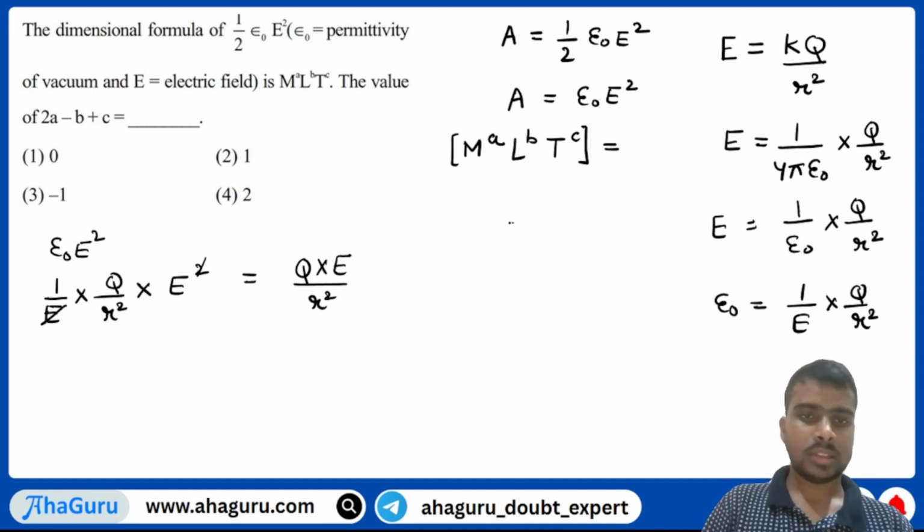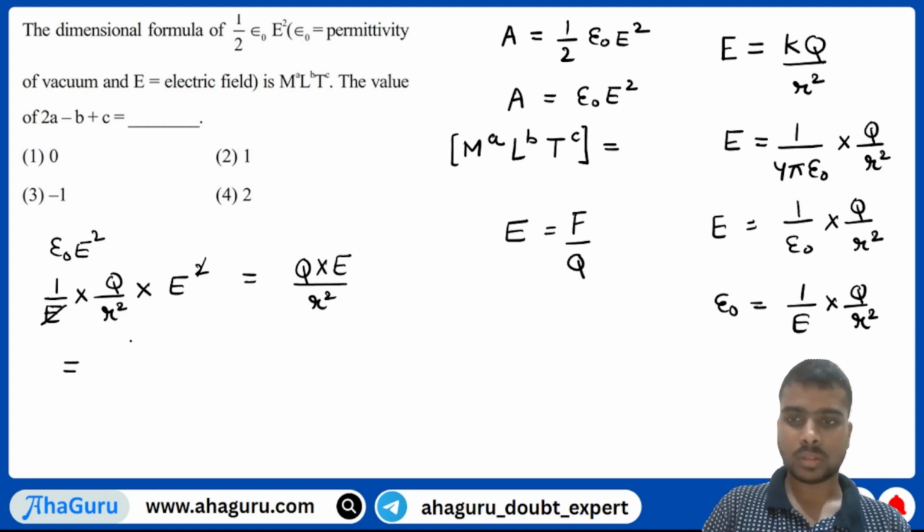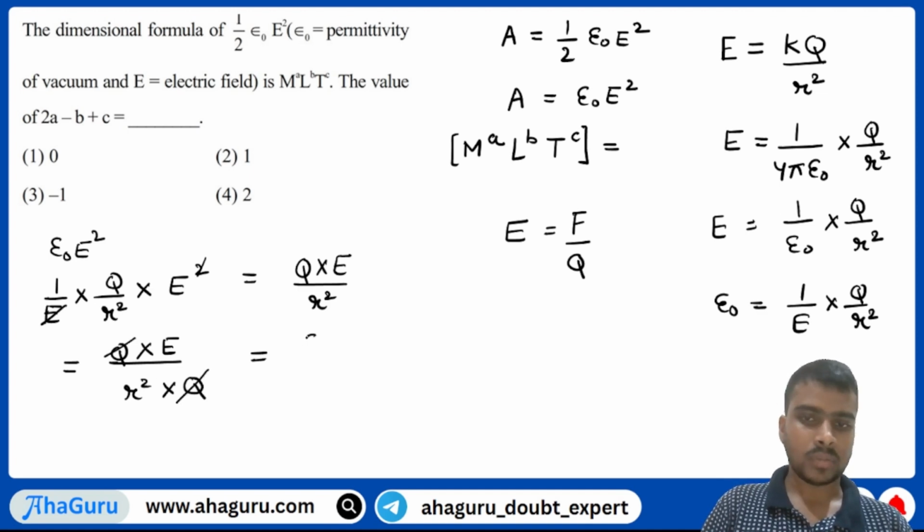So I can use electric field is equal to force per unit charge. This formula I can use. If I substitute E by using this formula, I will be getting Q times F by R square times Q. Now this Q and this Q will get cancelled and I will be just left with F by R square. Sorry, I wrote E by mistake, this is F, not E.